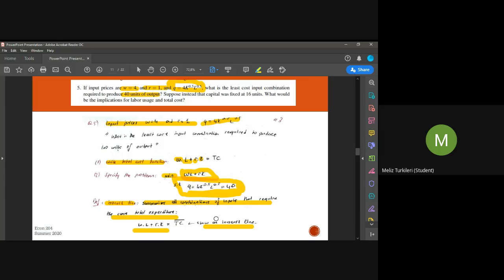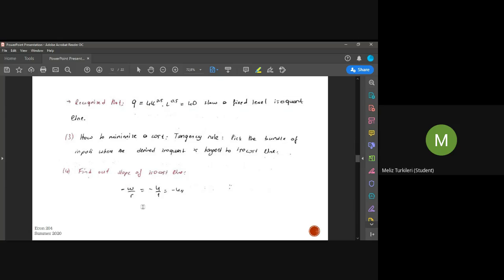We know this from the definition. And recognize that the question asks us to produce 40 units of output. So it is a fixed level, so it's going to be a fixed level isoquant line.